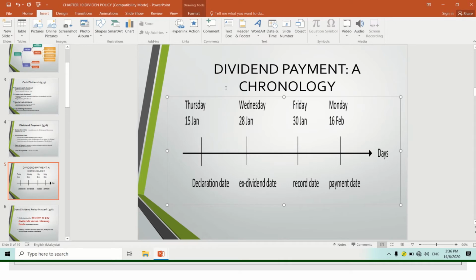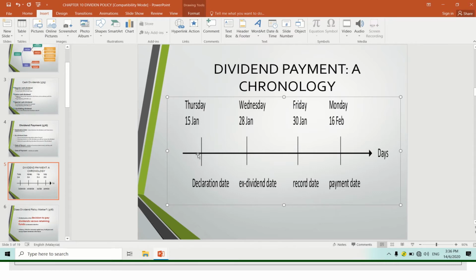So on 15 January, say we have the company Hub Seng. Hub Seng makes an announcement to the public that it will pay dividend on 16 February. That means the information is now available. When the information is available, everyone or the public notices that the company will pay dividend, right?